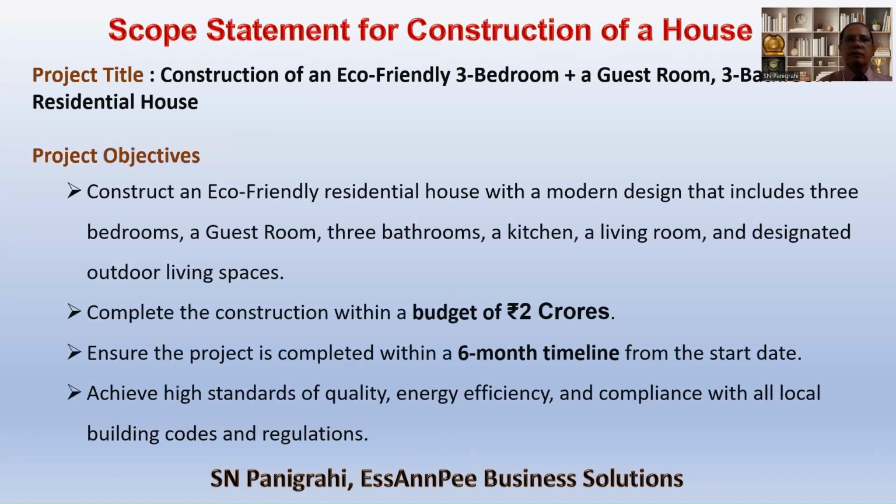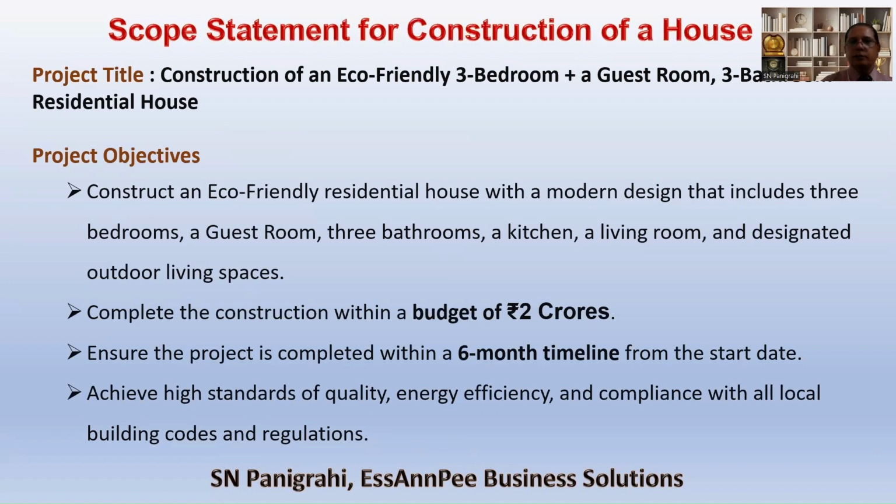First is the objective, because whenever making the scope statement, the objective must be very clearly stated. That objective includes constructing an eco-friendly residential house with a modern design that includes 3 bedrooms, a guest room, 3 bathrooms, a kitchen, a living room, and a designed outdoor living space. These are the broad objectives.